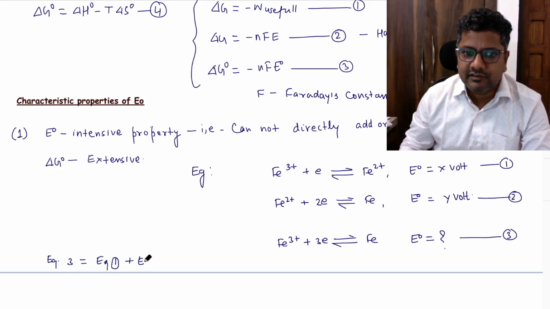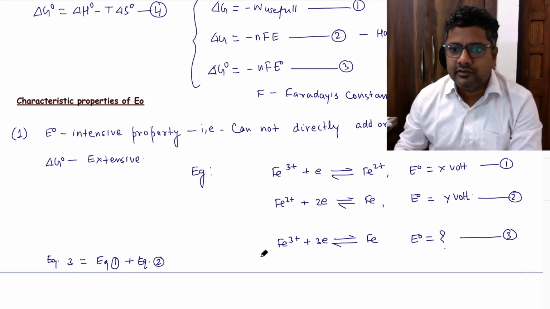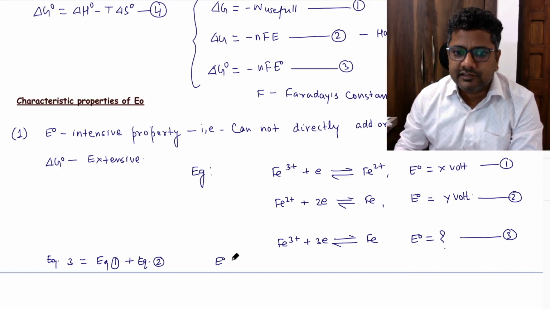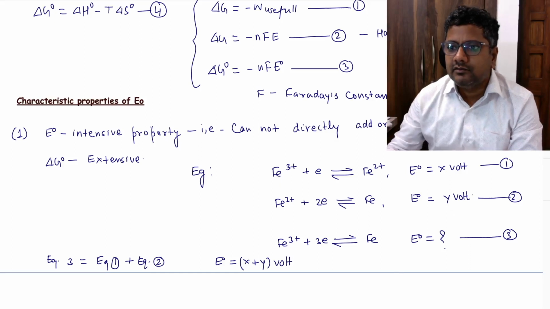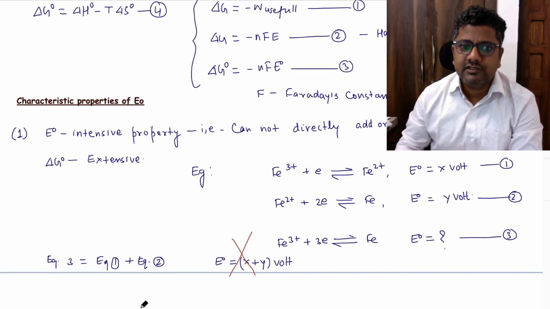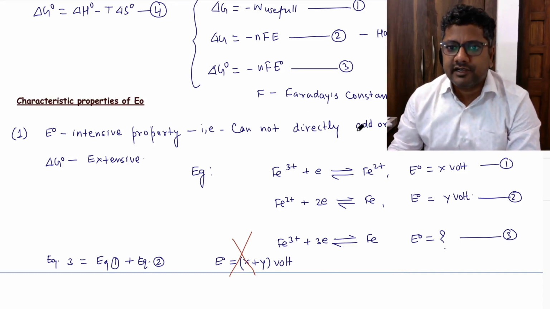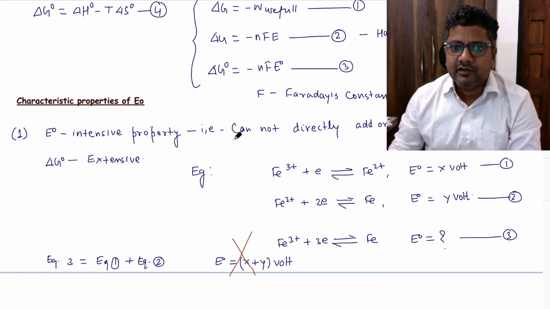So you can write E naught for equation 3 is equal to X plus Y volt, and you know your answer is incorrect, right? You cannot write like this directly. You cannot directly add or subtract E naught.